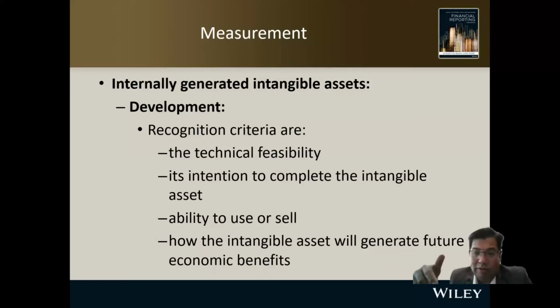You want to use it yourself, or you want to sell the products or service. So that is criteria number three. Number four is you know clearly that the intangible asset will generate probable future economic benefit. It will give advantage to your company in the future.